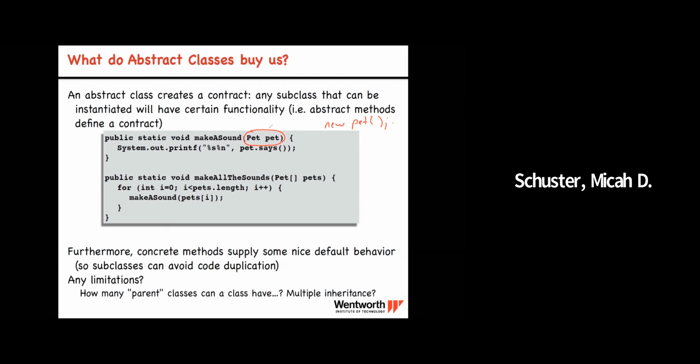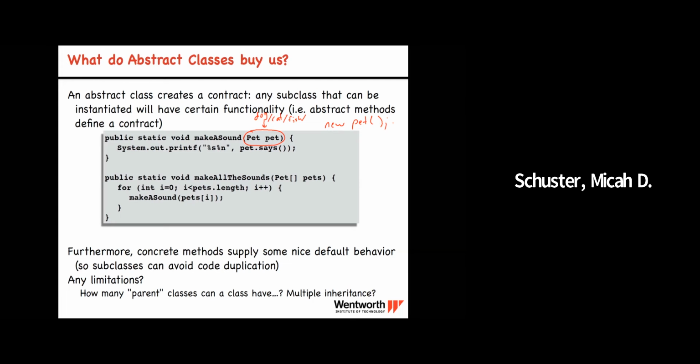But because of polymorphism, we could send a dog into this. We could send a dog object, or we could send a cat object into this. Or if we think about the fish that we just created, we could send a fish object into this. Or if we had some concrete class below fish, we could send a goldfish into this.